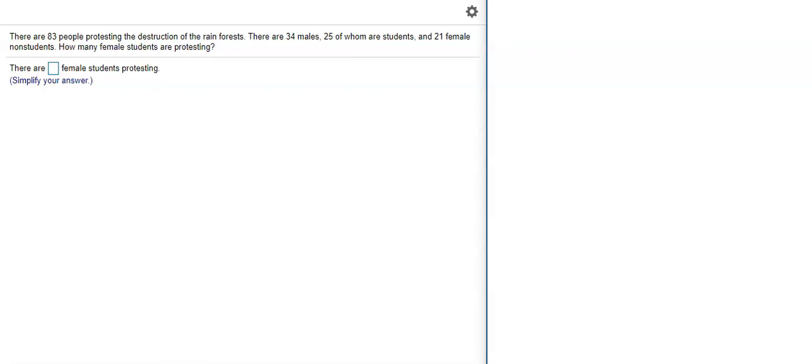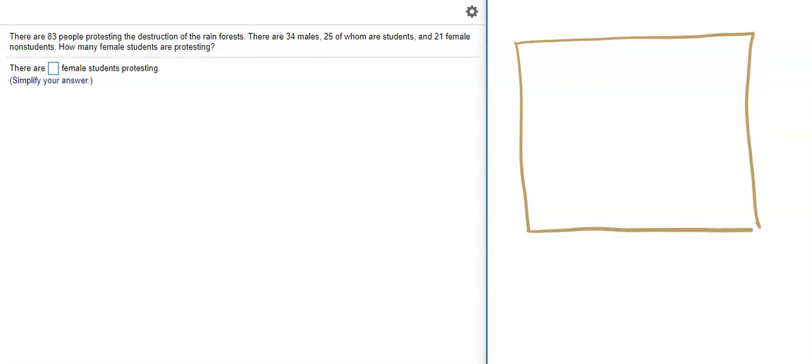I'm going to use the color scheme from the last one. I wonder if I have this fuchsia color. I think so, but I'll look for it later. Do you notice the way that we are breaking up these demographics? There are males and females, and there are students and non-students.